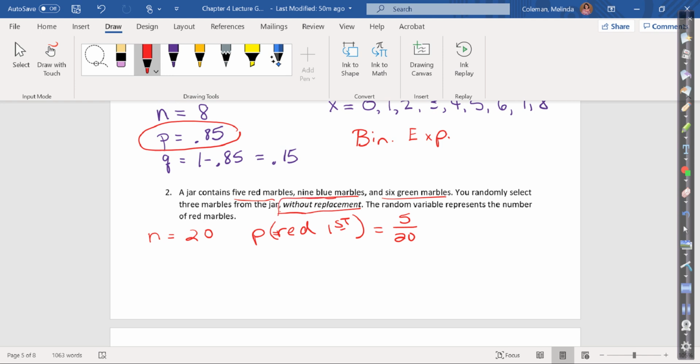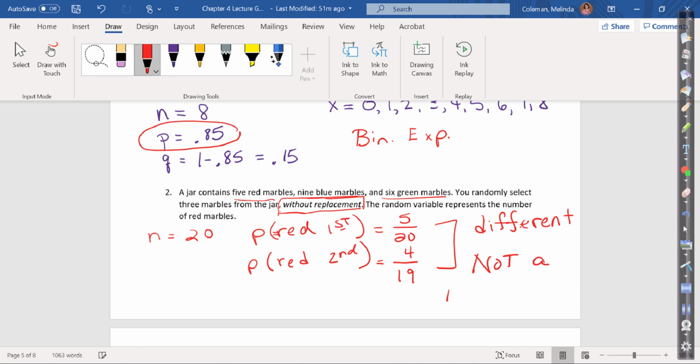But because I am not replacing that marble, the probability that I get a red marble the second time is not 5 out of 20. Now it's actually 4. I took the red marble out. I can't replace it. And I don't have a bag of 19 or 20 marbles now. I have a bag of 19 marbles. So the probabilities are different. So this is not a binomial experiment.